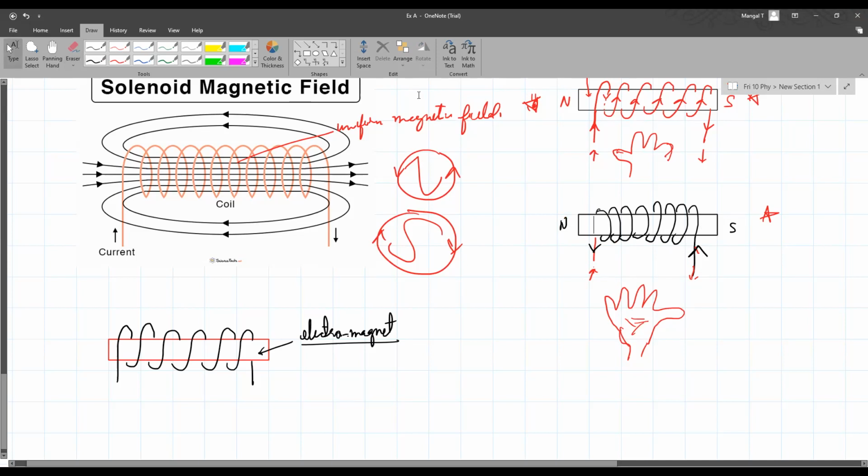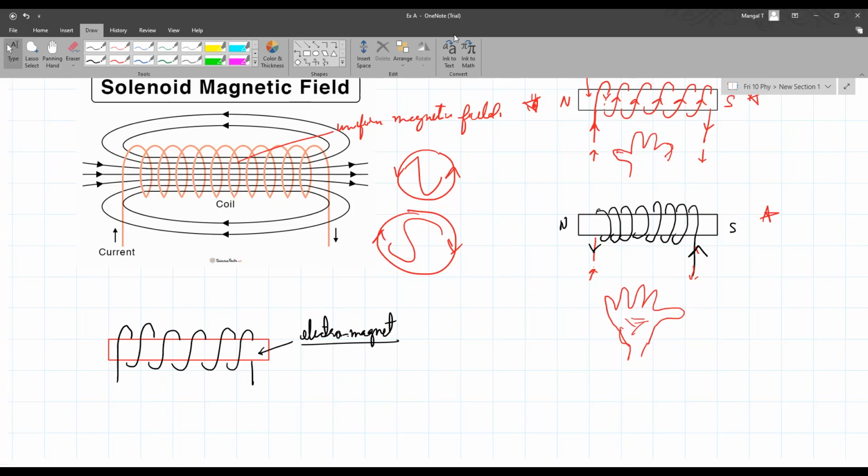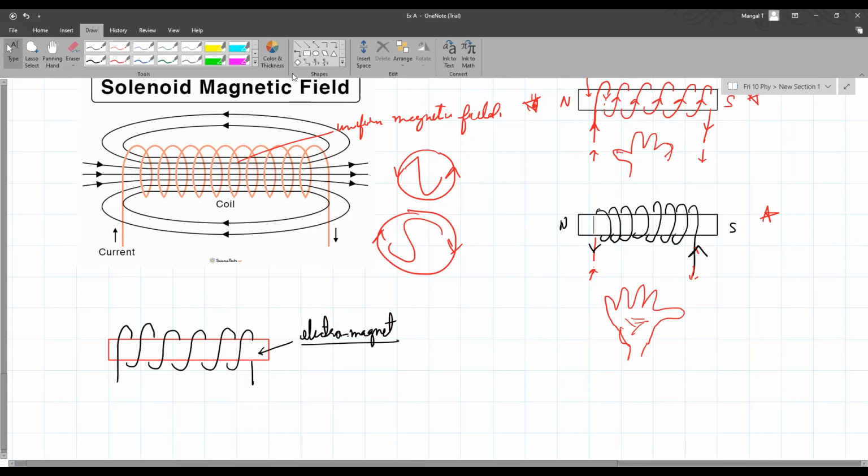So these are some of the properties which an electromagnet possesses, which a permanent magnet does not possess. A permanent magnet, you cannot change the polarities. You cannot change the strength of the magnet. But an electromagnet, you can. But there are certain things which are similar.